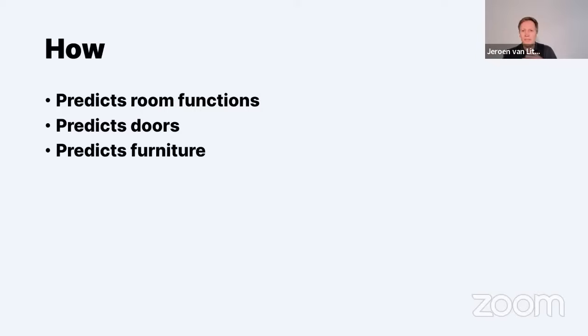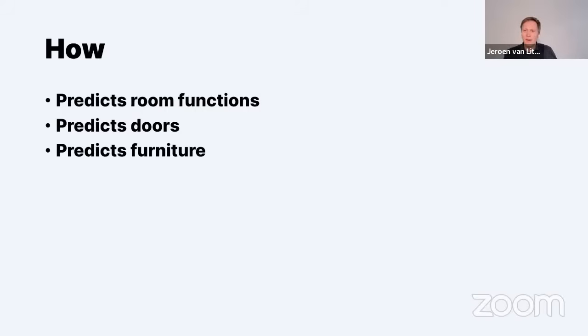For example, the bed quite often is positioned at a wall perpendicular to the facade, and the bathroom doesn't always have daylight, and so forth. These nuanced rules about floor plans are also in the furniture arrangements. So in a way it's the same principle, but engineered in a slightly different way.